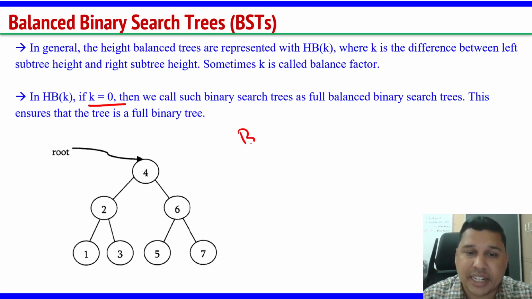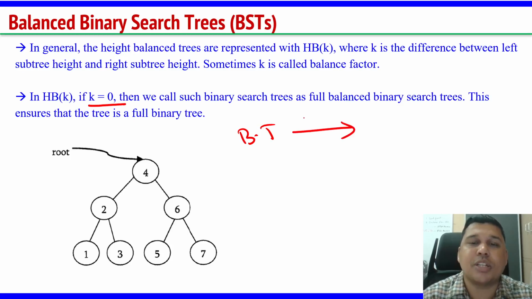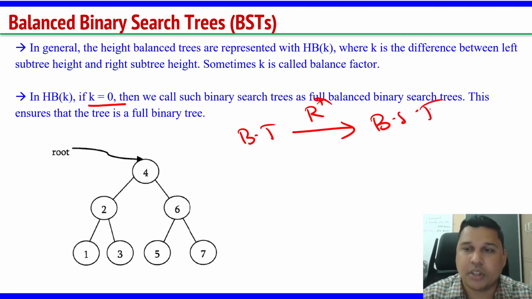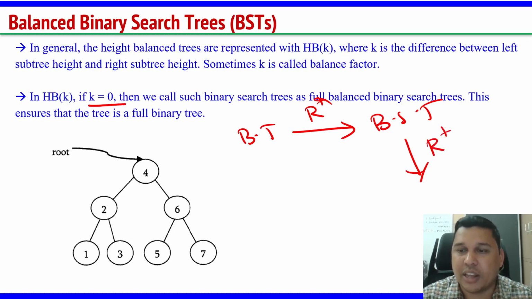So from binary tree, we imposed some restrictions and made it binary search tree. On this, we are putting one more restriction: the difference between the heights of the left subtree and right subtree should be 0. Then we call that a balanced binary search tree.